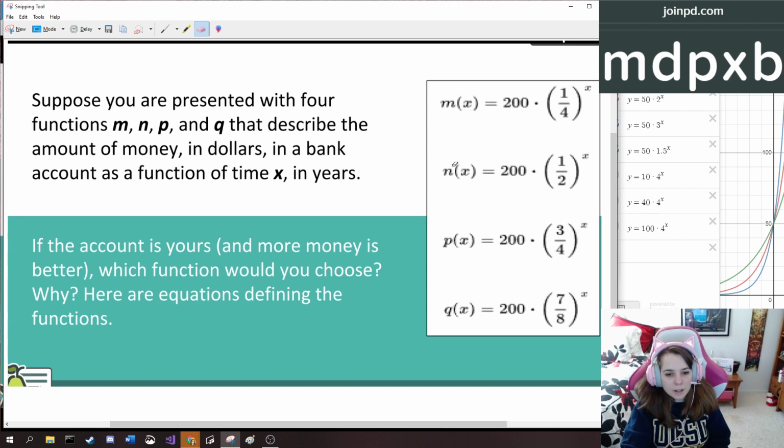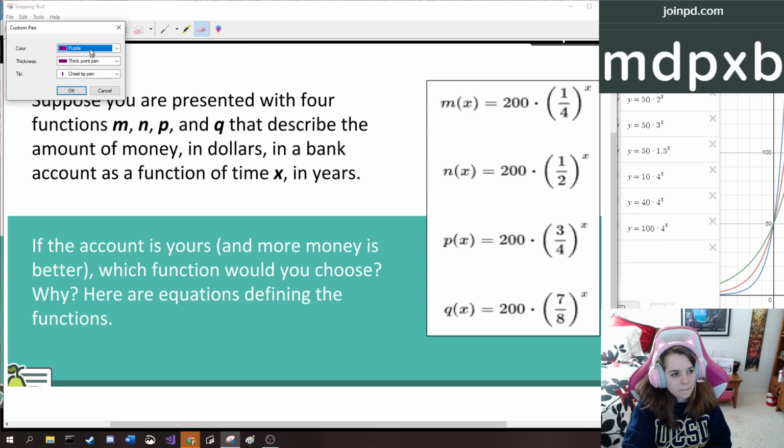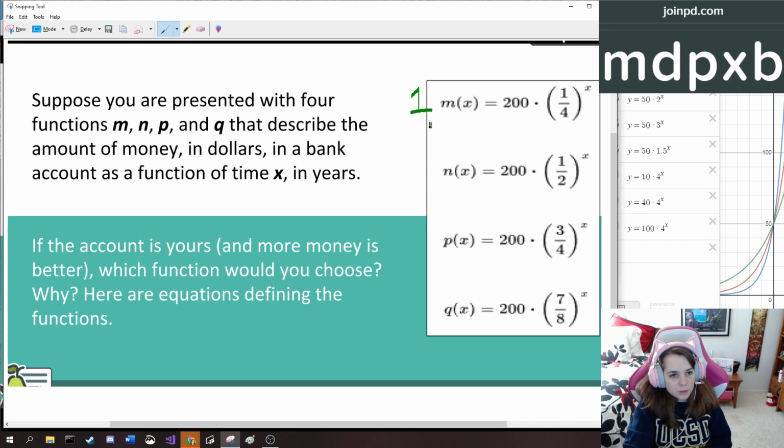We have n of x equals 200 times 1 over 2 to the power of x. We have p of x equals 200 times 3 over 4 to the power of x, and then q of x equals 200 times 7 over 8 to the power of x. This is equation 1, equation 2, equation 3, and equation 4.